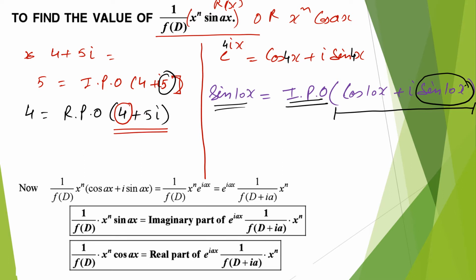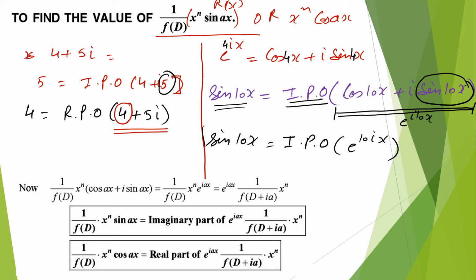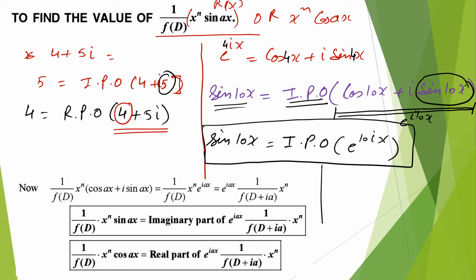So sin 10x is equal to the imaginary part of e to the power iota 10x, because of this formula. You have to remember this formula for solving this type of PI case.